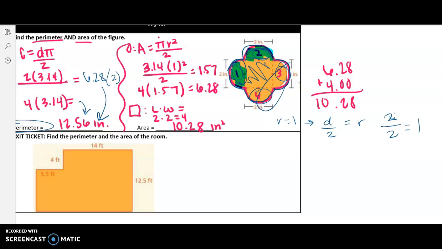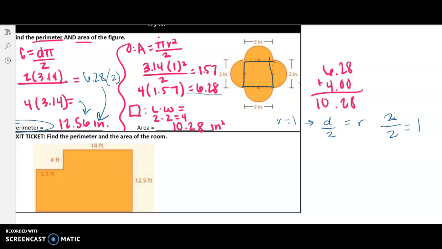So 1 times 3.14 times 1 squared, 1 squared is just 1, and so we divide that by 2 and we get 1 and 57 hundredths. And then again we have 4 half circles, and so we multiply that by 4 and we get 6.28.